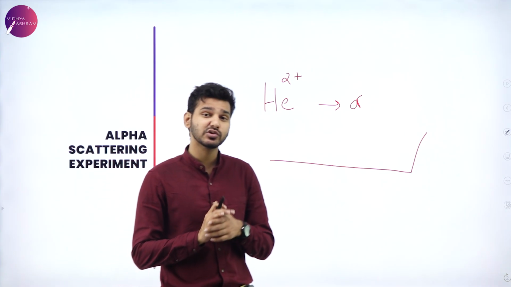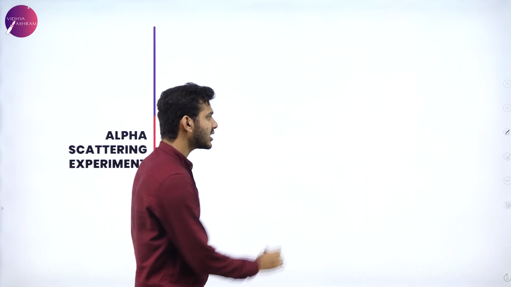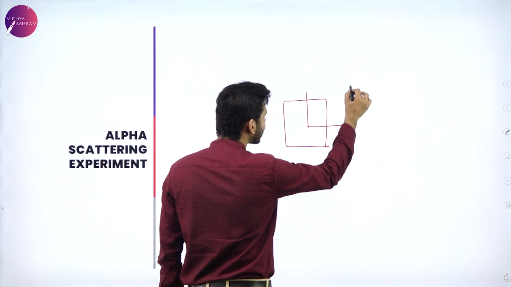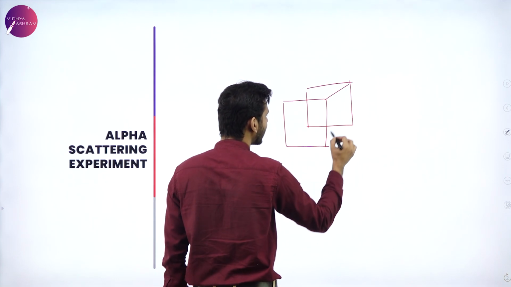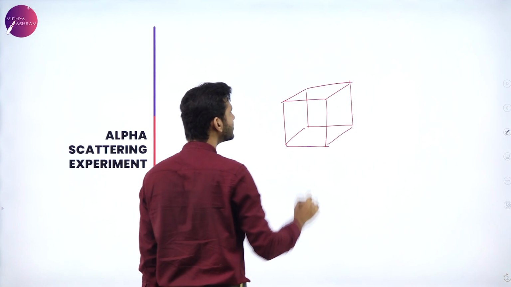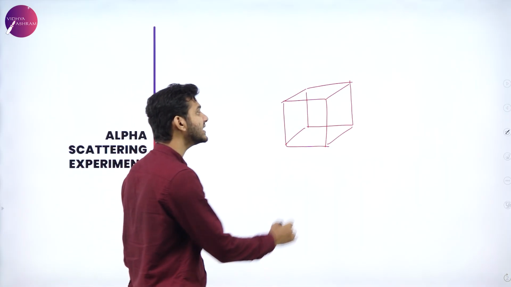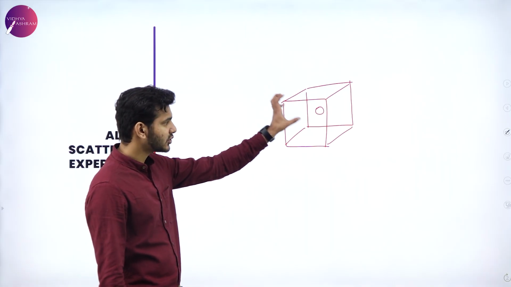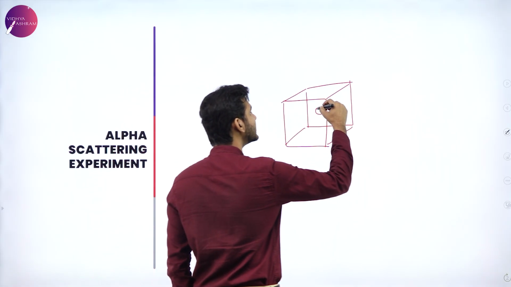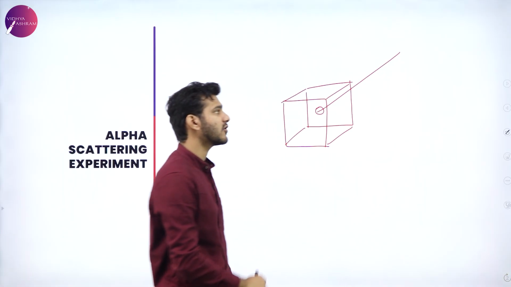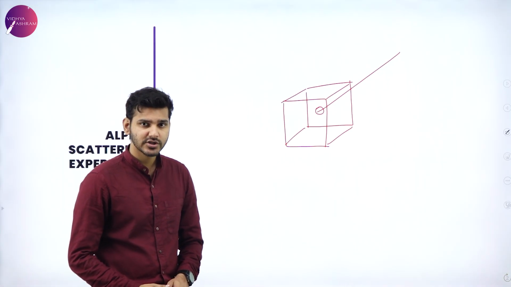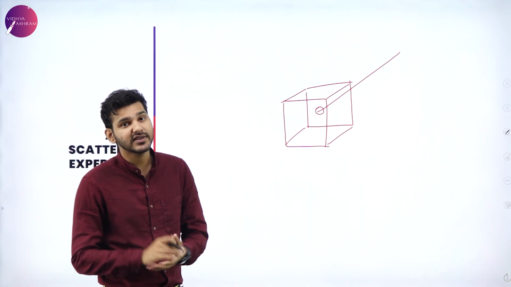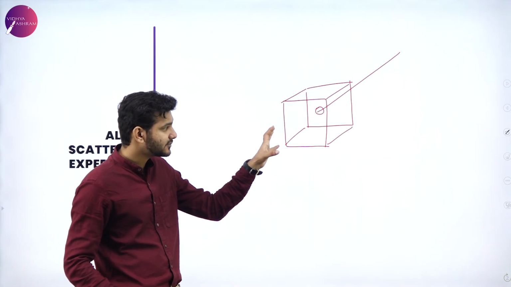The experiment Rutherford did was, he took a box that was made out of lead, and then he kept a source inside which constantly emitted alpha particles through an opening, like this in one straight beam. So why did he do that? He wanted to find out the properties of the atom. So for that, he did this particular arrangement.